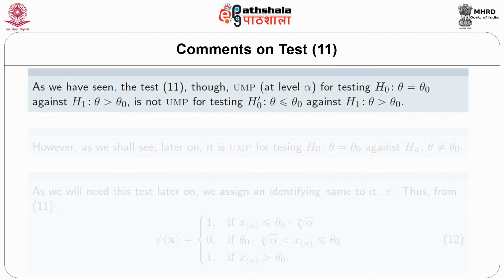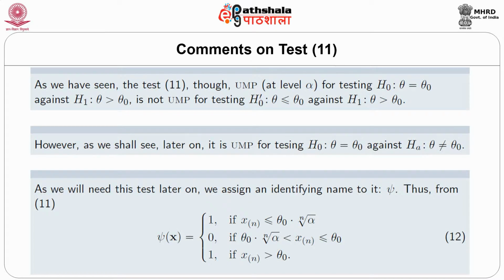In the last module, we have shown that this psi is uniformly most powerful for testing theta = theta naught against theta greater than theta naught for the uniform 0 to theta problem, and we have also seen that this psi is not uniformly most powerful for testing H naught prime, theta less than or equal to theta naught, against theta greater than theta naught.